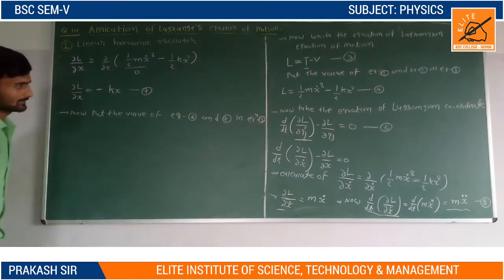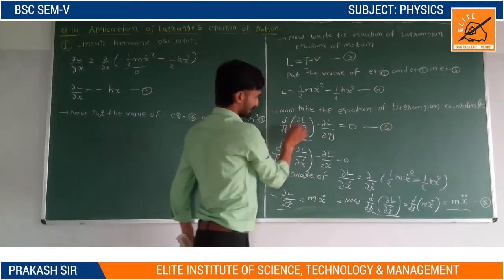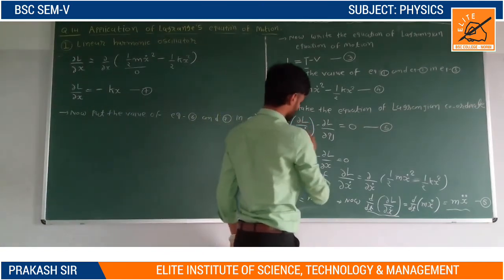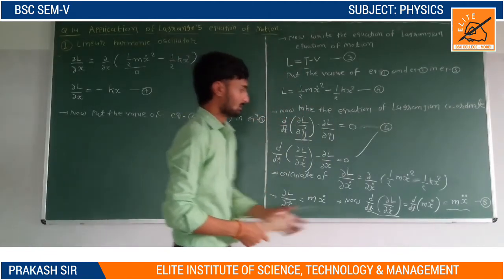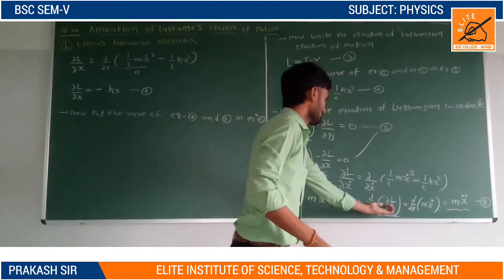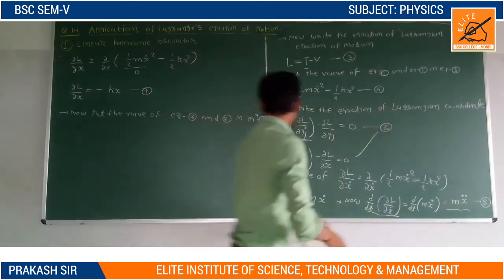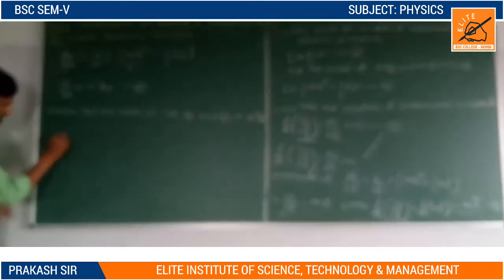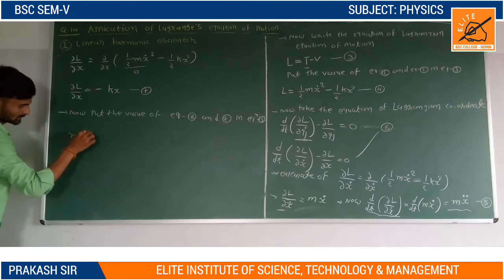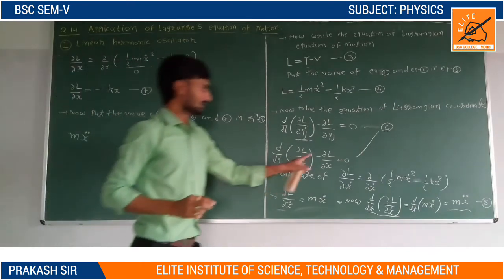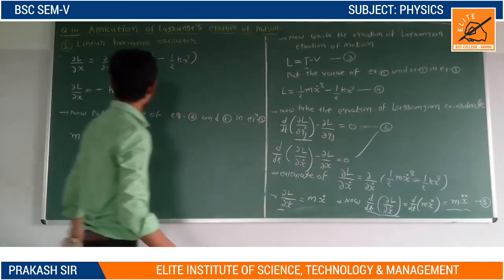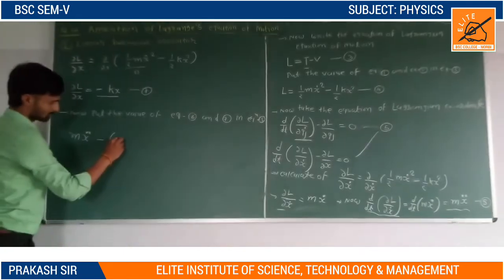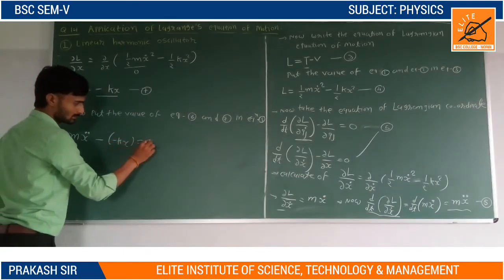So equation number 5 is d by dt del L upon del x dot, which is m x double dot, minus del L upon del x, whose value is minus kx, equal to 0.